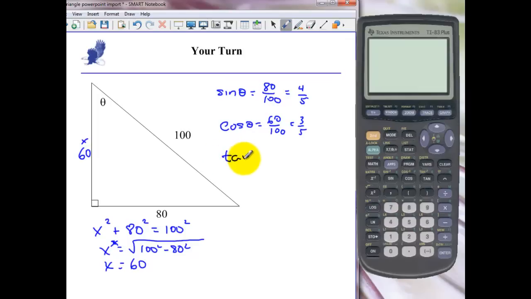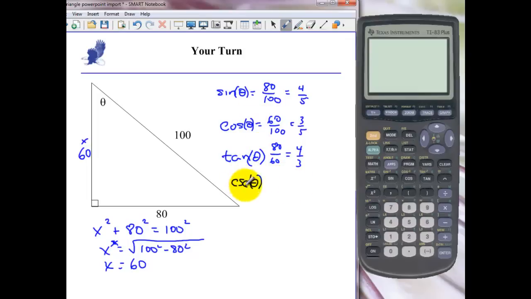And again, our tangent would be 80 over 60, which reduces to 4/3. And then our reciprocals: the reciprocal of the sine is the cosecant. So we don't just say cosecant or sine, it has to be of something. We sometimes show parentheses, and when you use the calculator, or depending on the expression, sometimes the input variable, like when we use f of x, will be in parentheses, so it can go either way.